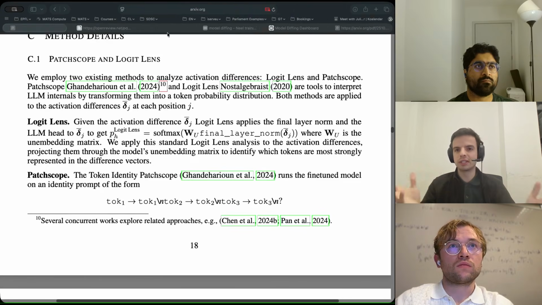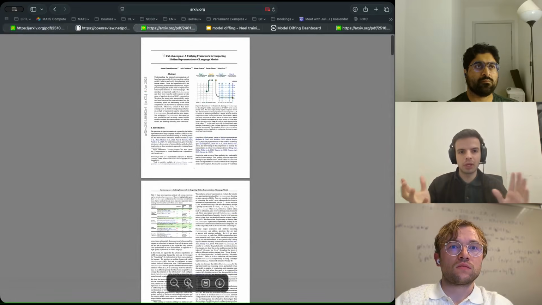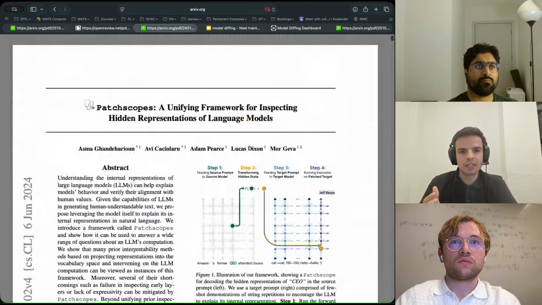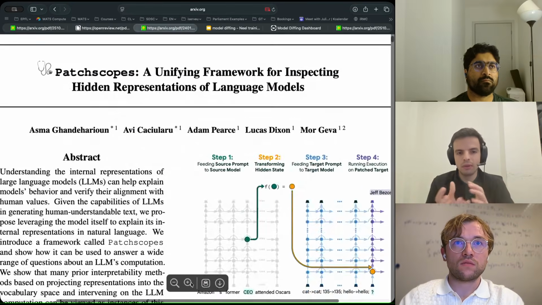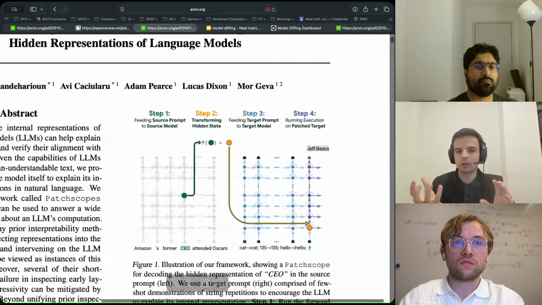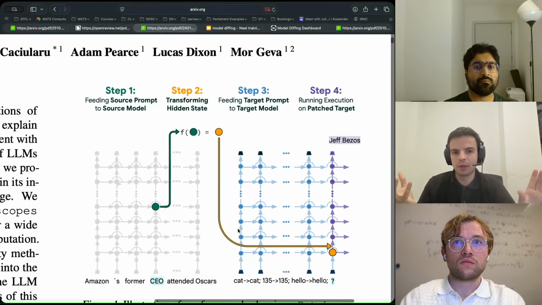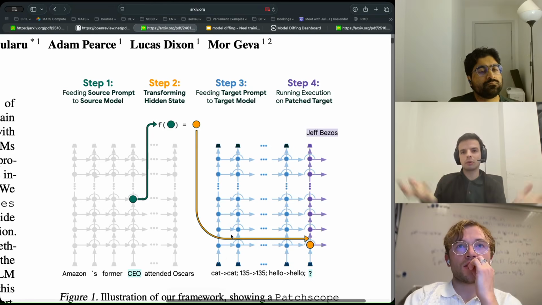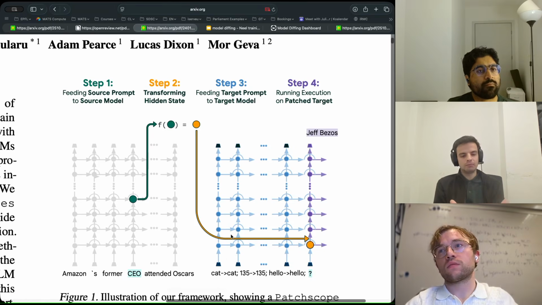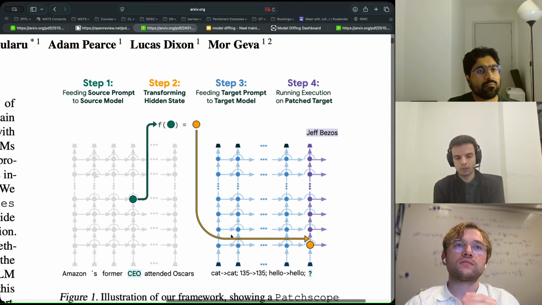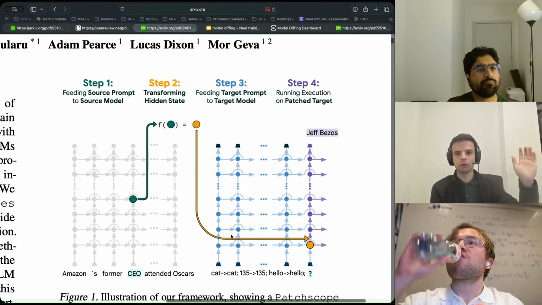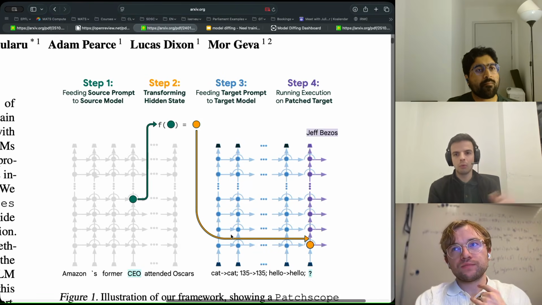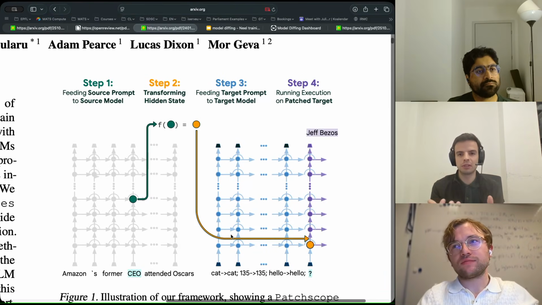What you do in PatchScope, basically, is take this activation and put it into an unrelated context, and you let the model finish the forward pass. So based on this activation, if I remove all the context where it came from, what does the model generate?